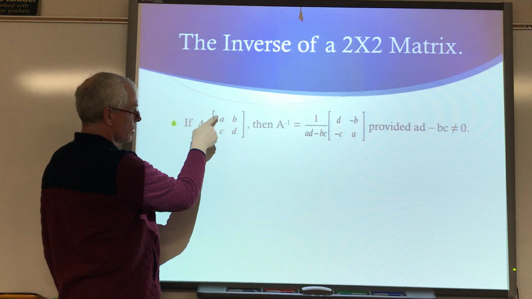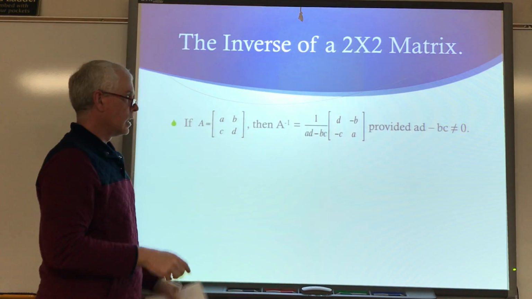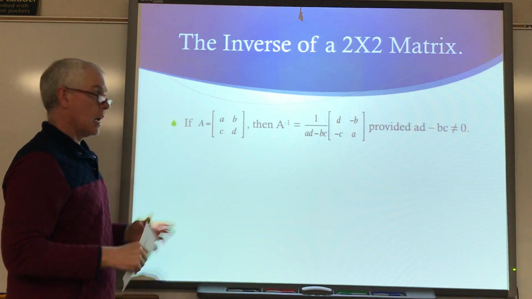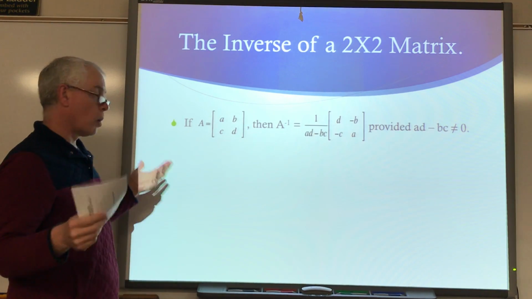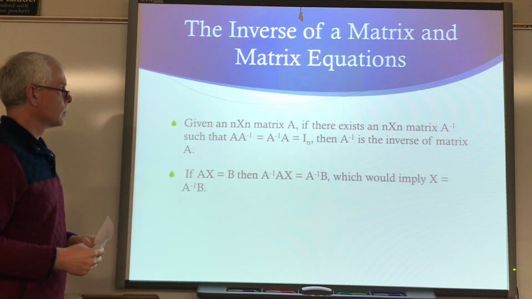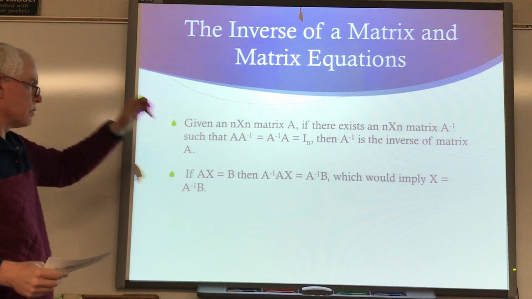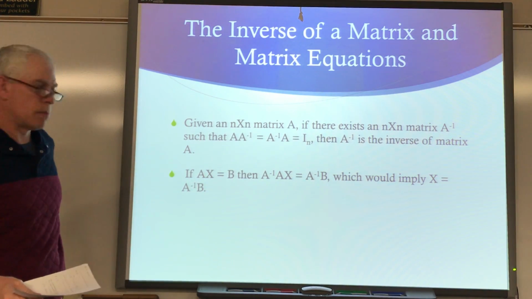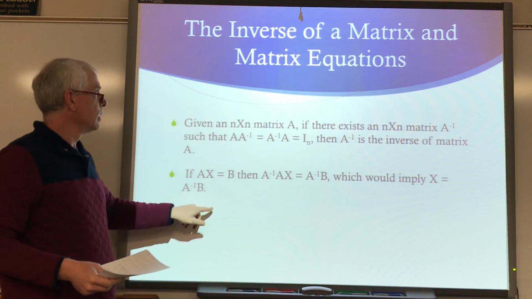Inside the matrix, you'll notice that we switch D and A around, and then we make B and C the opposite of what they were, okay? And that's pretty much it. So that's one way of finding an inverse matrix, okay? This is basically saying in an inverse matrix, if you multiply a matrix times its inverse, you get that identity matrix back, and we've already seen that just a little bit, okay?